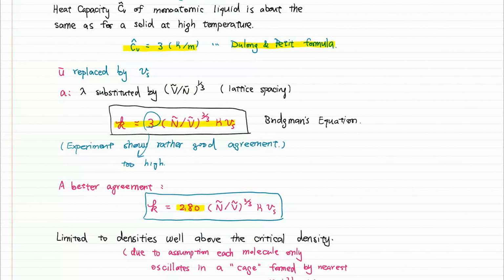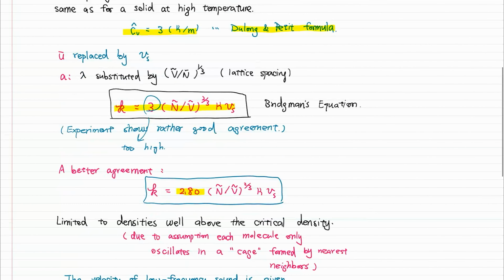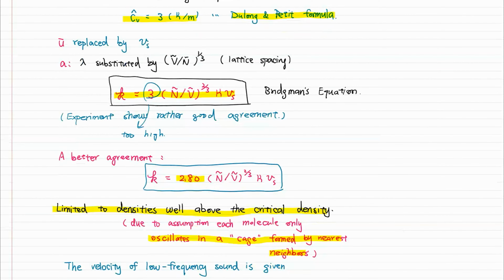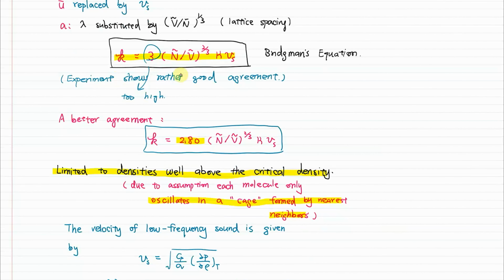Do remember that this formula is limited to densities well above the critical density, because of the lattice and oscillating cage assumption. So it's very packed. And finally, we gave you a formula for the velocity of sound, so you can actually calculate using Bridgman's equation.